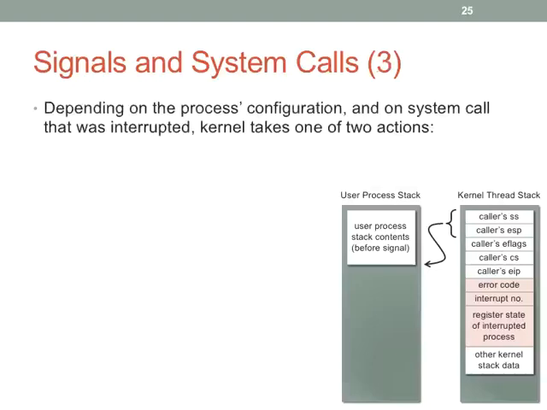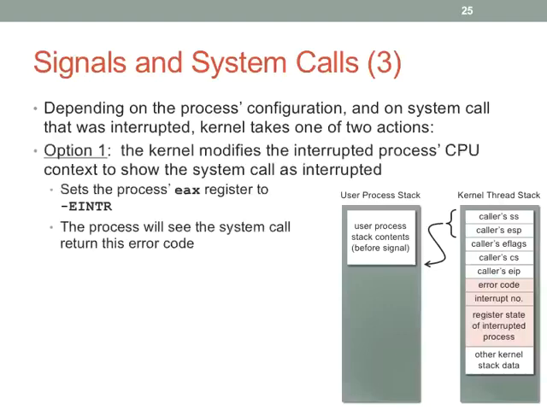So the kernel has a couple of options. Like I say here, depending on the process's configuration, and also, of course, the kernel's configuration. This obviously comes down to what the kernel wants to do. The kernel can do a couple of different things. The first one is it can just say, sorry, I'm canceling out your system call.